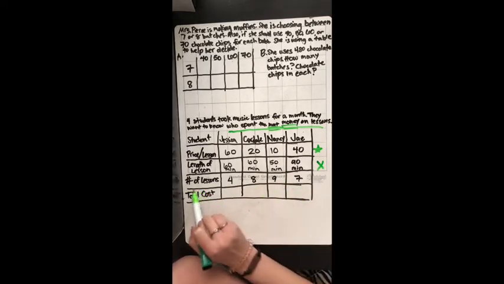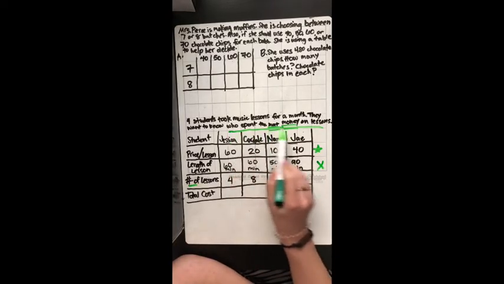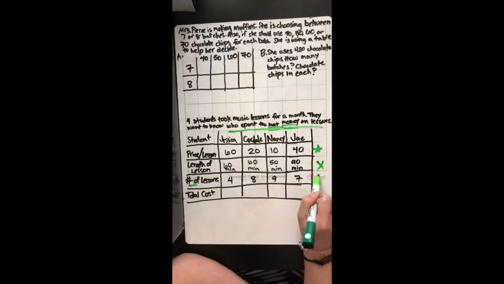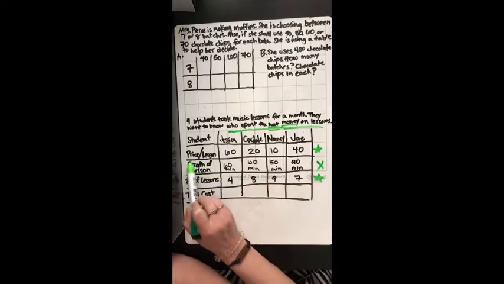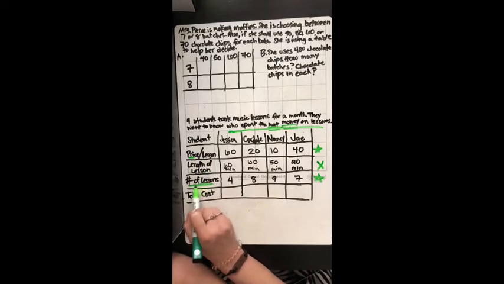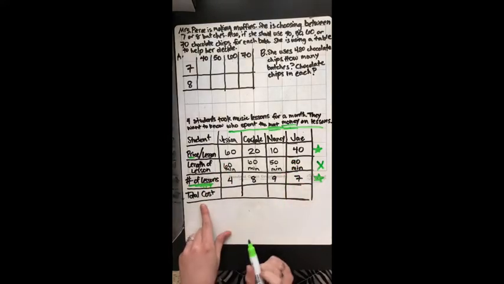Now, the number of lessons. Will the number of lessons that they take help me figure out who spent the most money? Absolutely, yes, it will. So I'm going to need to use the price per lesson, and then I need to figure out how many lessons each person did. That will give me my equation to figure out my total cost.